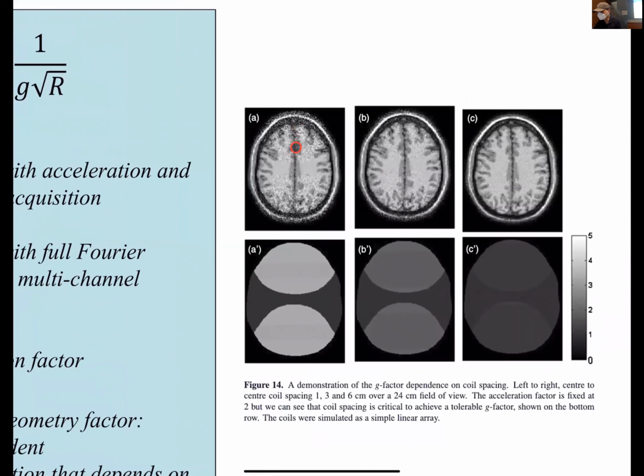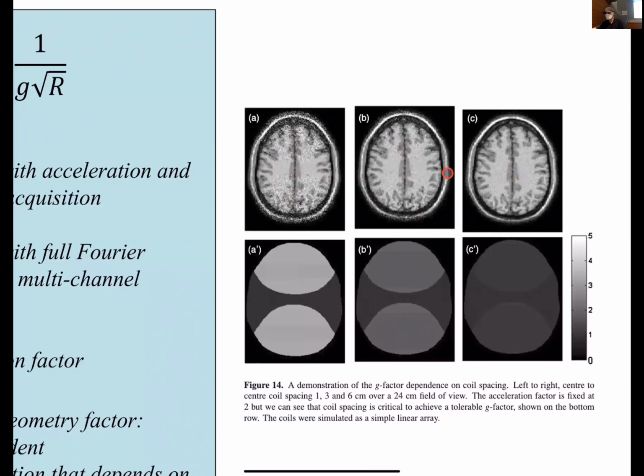These are 3 different images with different coil profiles. For example, this image is acquired with coils that overlap a lot. As the coil spacing goes from 1 centimeter to 3 centimeters to 6 centimeters, as you make those coils overlap less, you notice the images get much better.